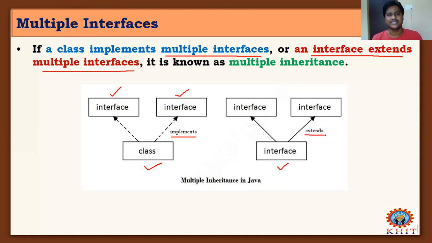So extends is the keyword used by one interface to extend the properties of another interface. An interface can only extend the properties of other interfaces. But from the class point of view, a class can implement the properties of interfaces, right? I hope you got the points clearly without any confusion.